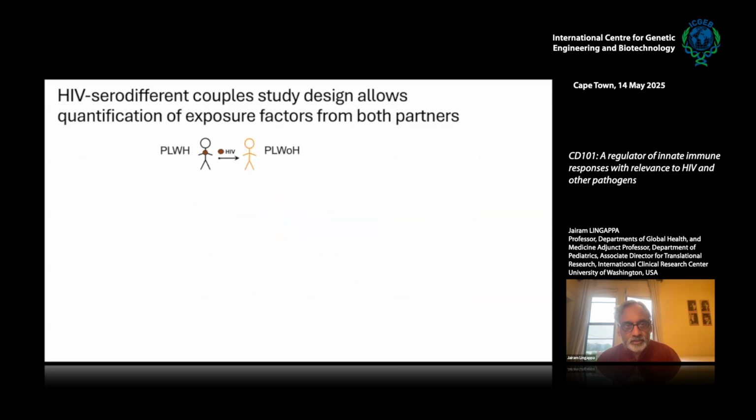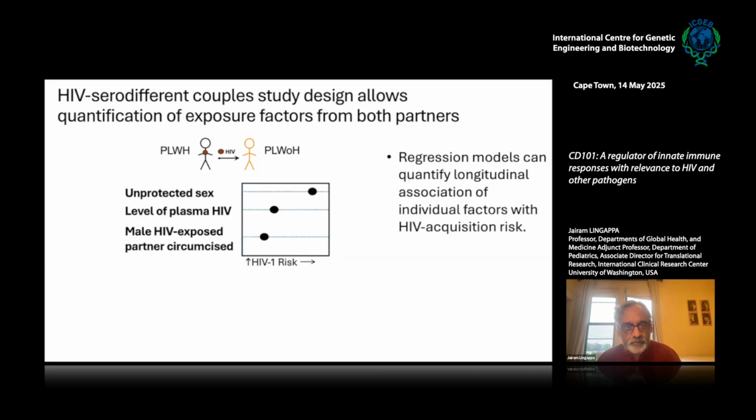So the discordant couples study design allows for a unique opportunity to quantify exposure factors from both partners, since you can identify frequency of unprotected sex, level of plasma HIV, and whether the exposed male partners were circumcised.